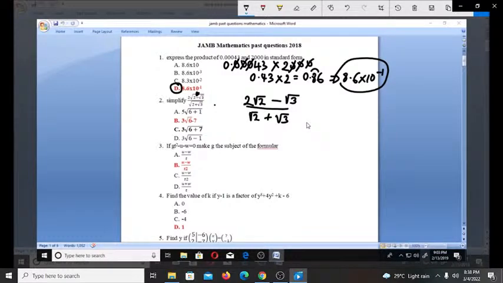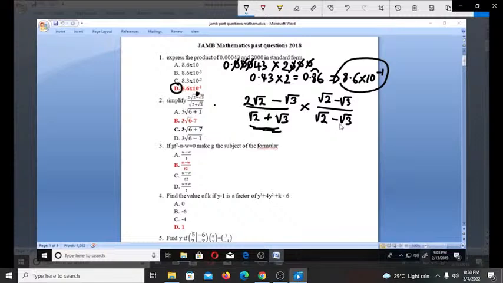If you want to simplify any expression like this, you must multiply the up and the down by the conjugate of the denominator. So what is the conjugate of this denominator? The conjugate is root 2 minus root 3. Once you have root 2 plus root 3, just change the sign and it becomes a conjugate. So you also multiply the down by the same thing, root 2 minus root 3.